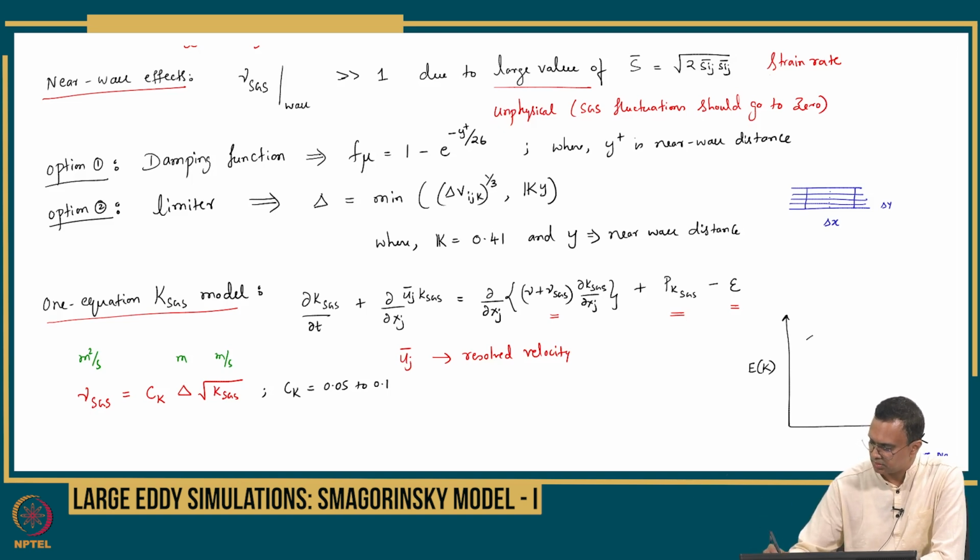We already seen this kind of a graph. In this plot, somewhere here is the inertial subrange, right? If this is the cutoff size here and this is the absolute dissipation rate epsilon, up to here is where you are resolving all the scales, and the last part is modeled.